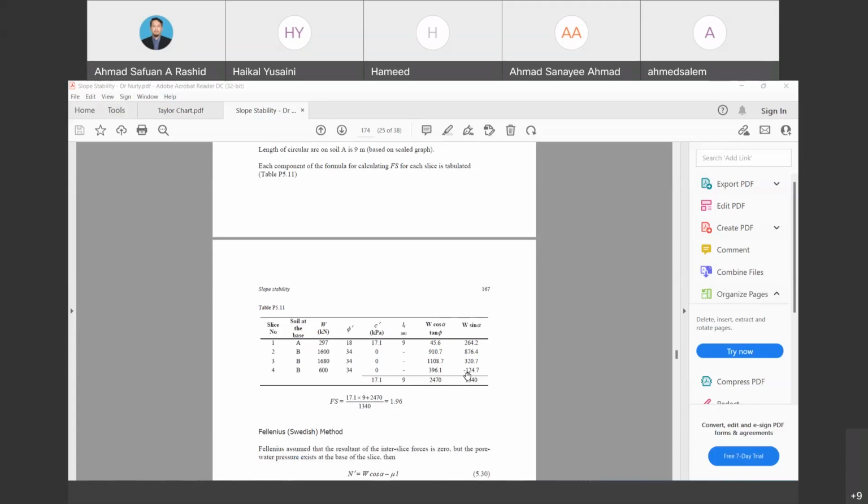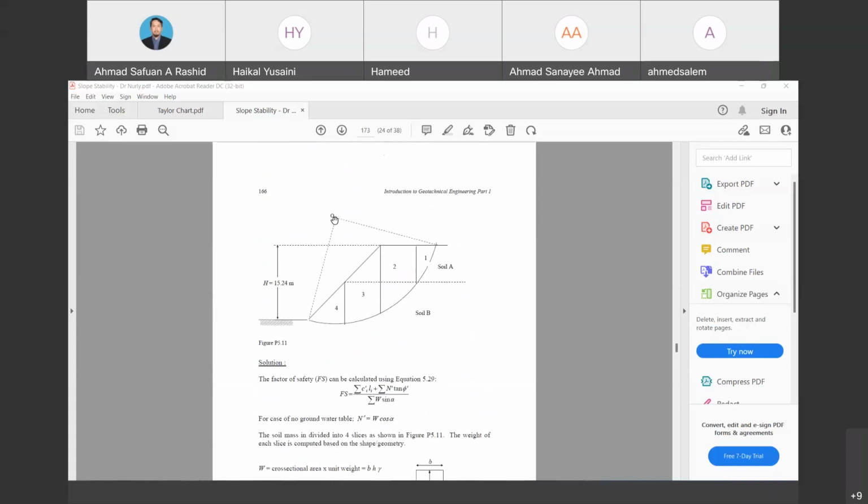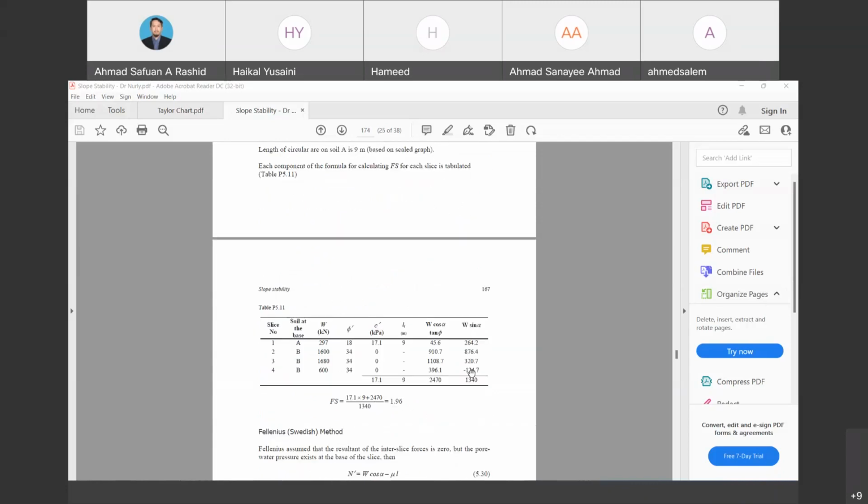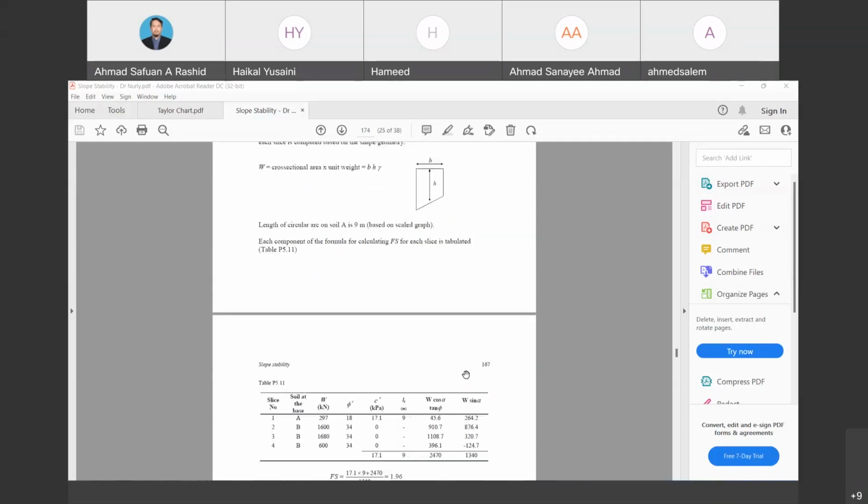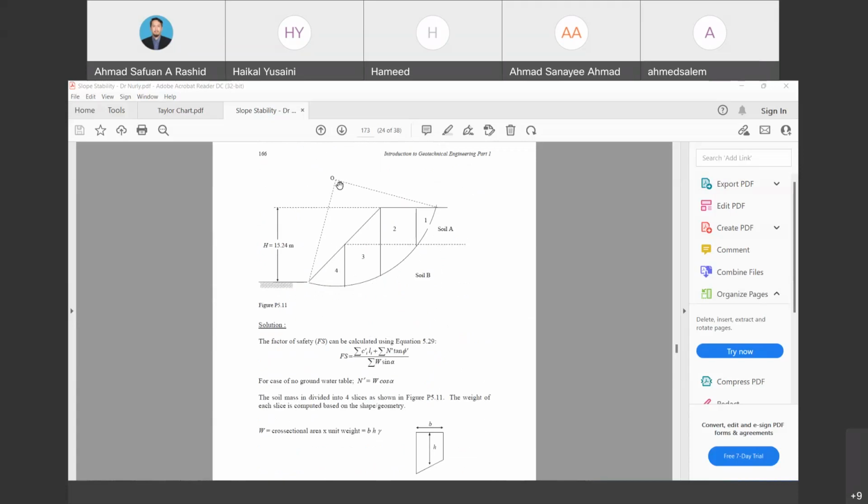Why does it have a negative value? Because with alpha, this is the point of origin, so alpha on the right side becomes positive, but alpha on the left side becomes negative. For slice number 4, the value becomes negative because the alpha is at the left side from the origin.